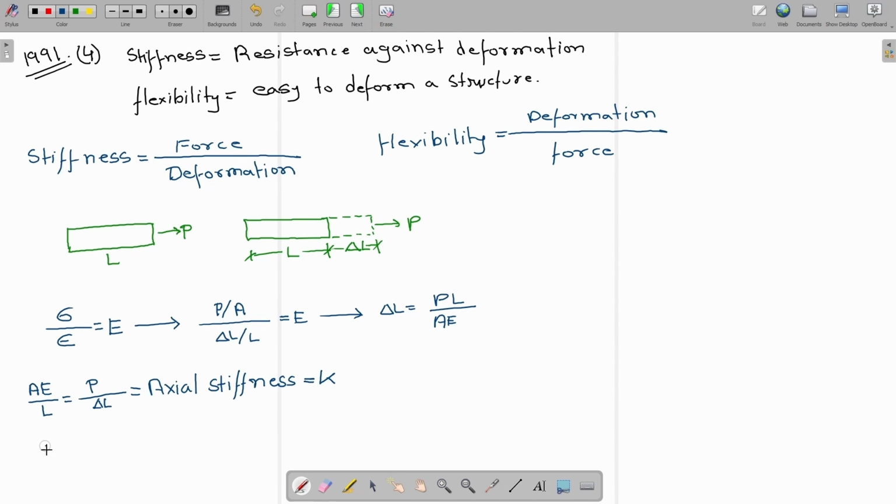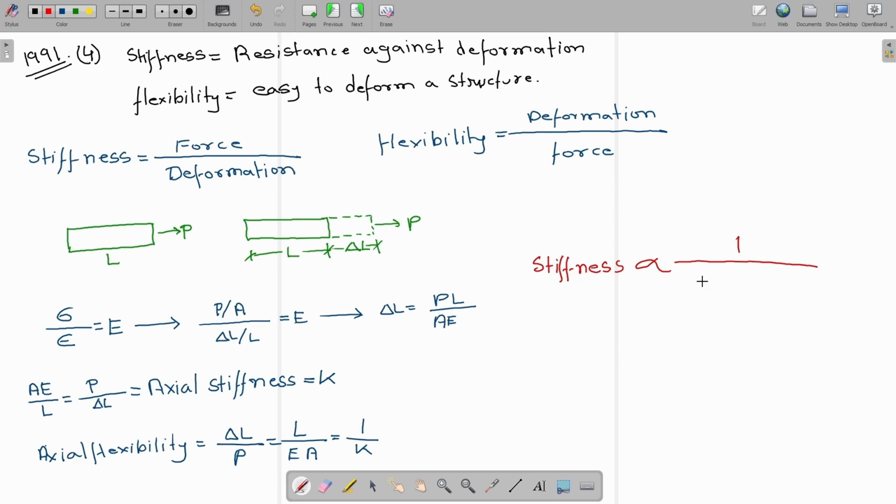Therefore, axial flexibility is given by delta L upon P, which is L by EA, which is also represented as inverse of K. Therefore, from here we can see that stiffness is inversely proportional to flexibility.